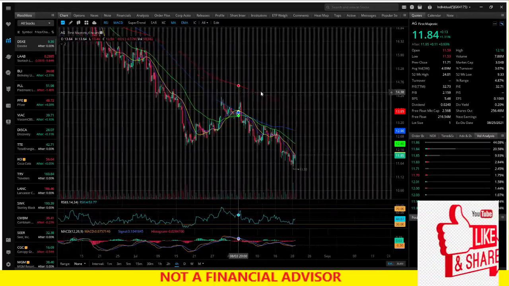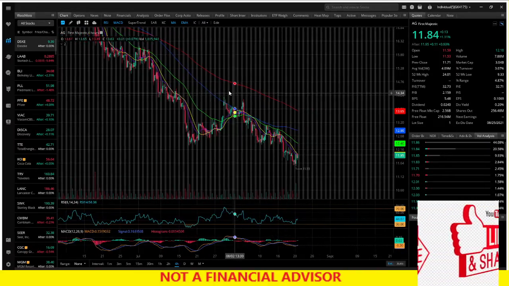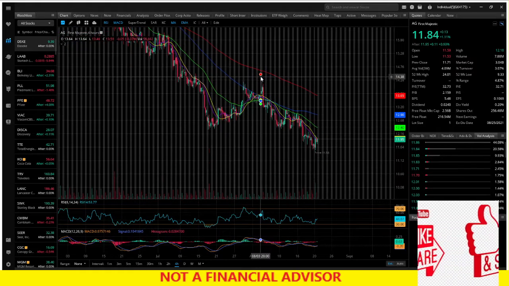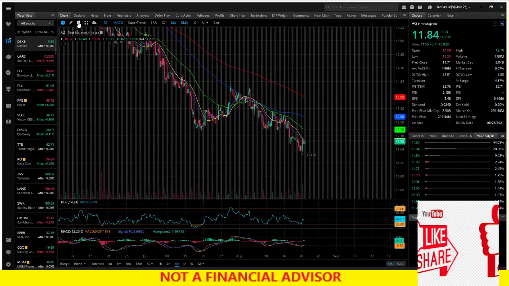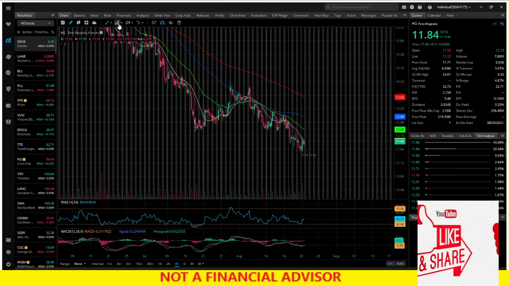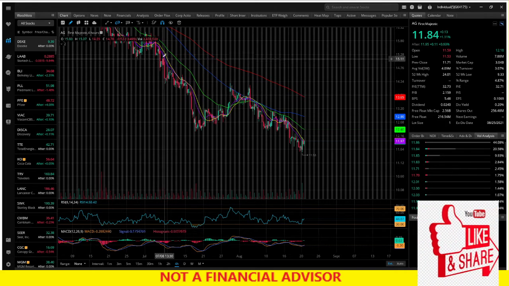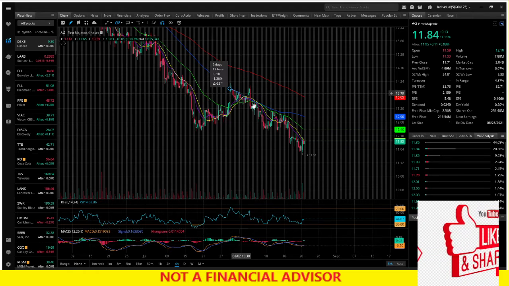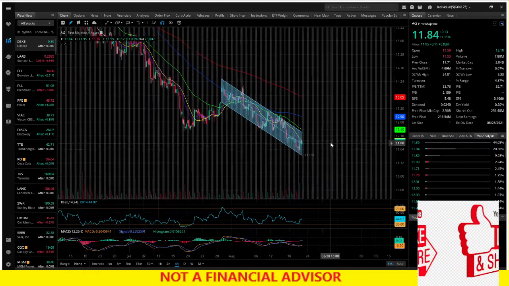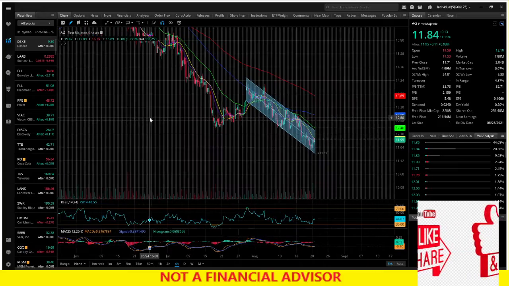Now we can see that this is trending downward, and it's not showing any signs that it's coming up. You can even do a quick trend channel and see that it's within its trend. If you want to do a longer one, you can even do that.